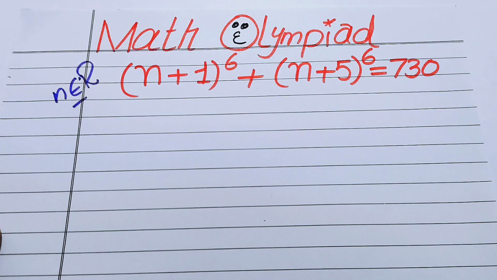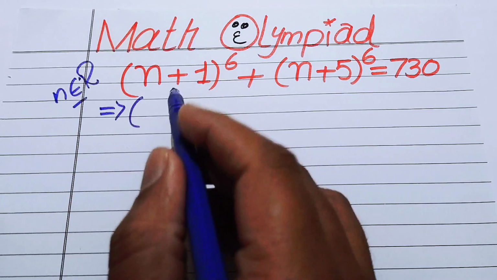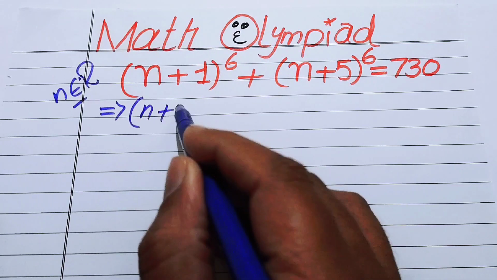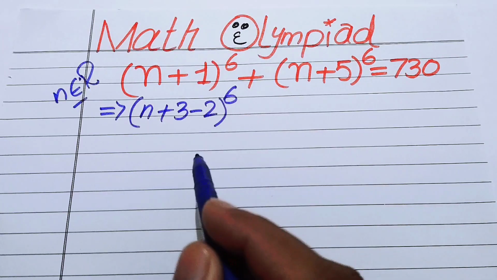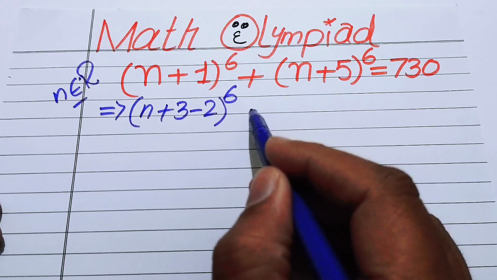The very first step we are going to do is rewrite this equation. Here you have n + 1, and we will write it as (n + 3 - 2) to the power 6, because you know that 3 - 2 equals 1.